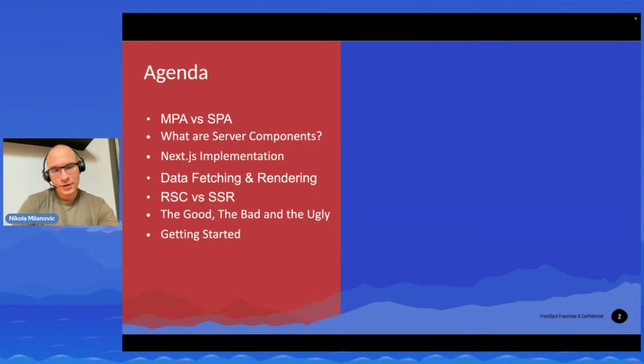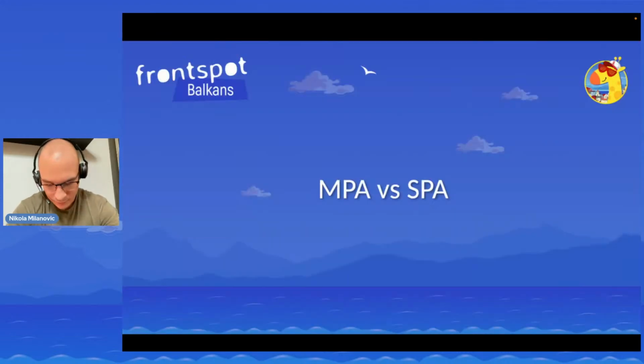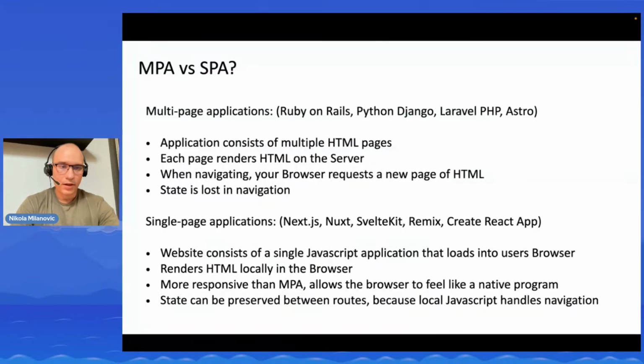So let's go with the first slide. The first thing I wanted to talk about is multi-page applications and single-page applications. I just wanted to remind people what they are, because they're important for React server components. We have two different ways of creating applications and websites: a multi-page application and a single-page application.